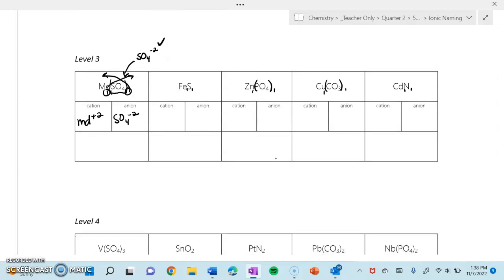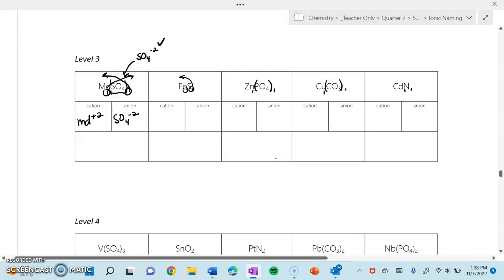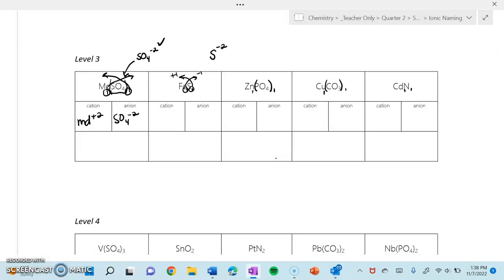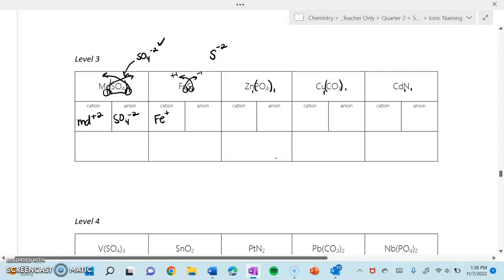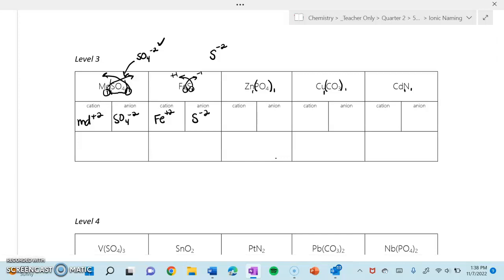So level 3, we have to unreduce it and pay attention to our polyatomic ions. Again, if we flip these, you're going to get +1 and -1. However, we know that sulfur on the periodic table always has a -2 charge, and it does not agree here. So again, unreduce by multiplying them both by 2, and now we have the correct charges.